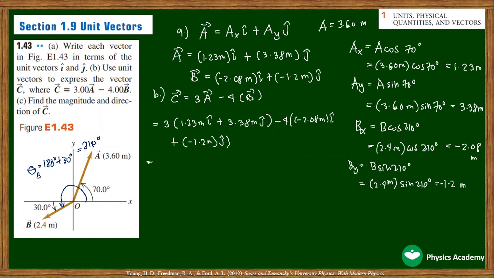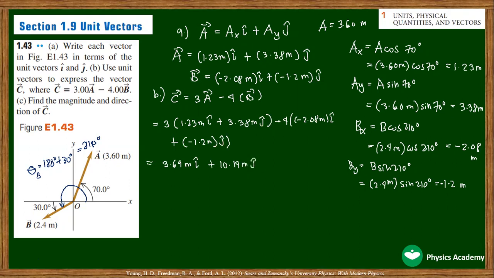Now we distribute. 3 times 1.23 is 3.69 meters i hat. Now 3 times 3.38 is plus 10.14 meters j hat.